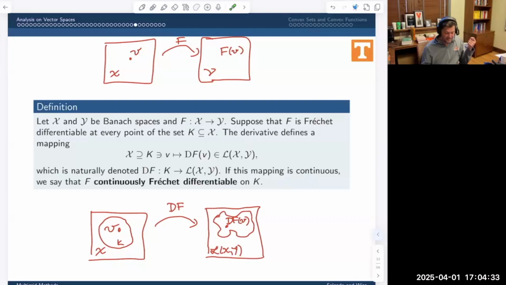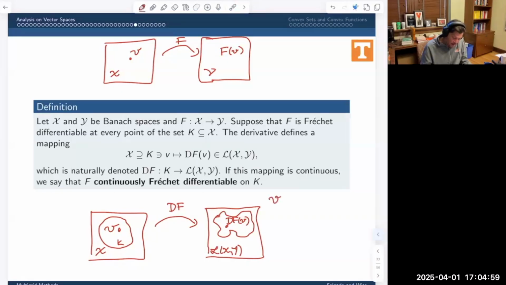Well, it means that the inverse image of open sets is open, if you've taken topology before, or we have a sequential definition of continuity that you may have seen before. Either one of those will work just fine. So, for example, we could use the sequential definition.